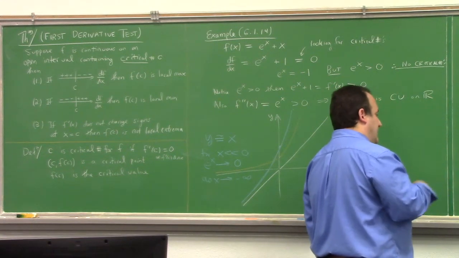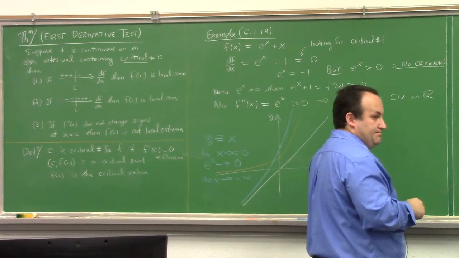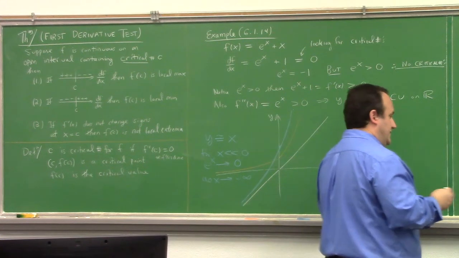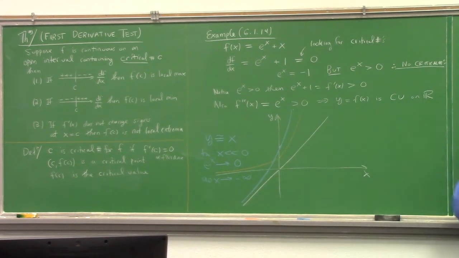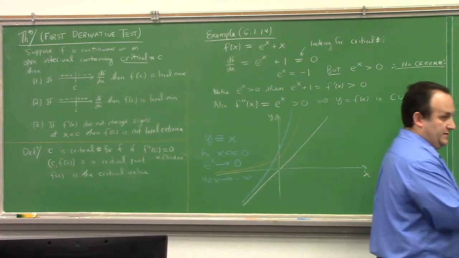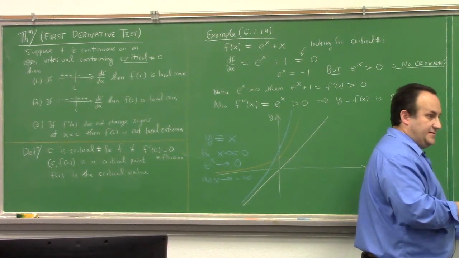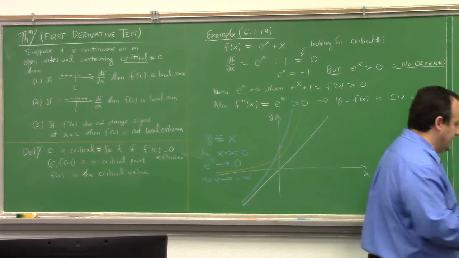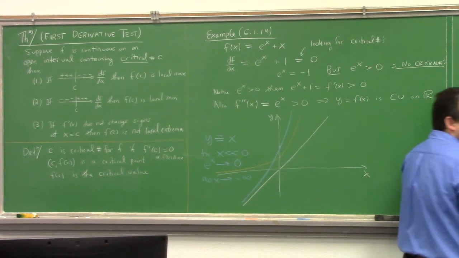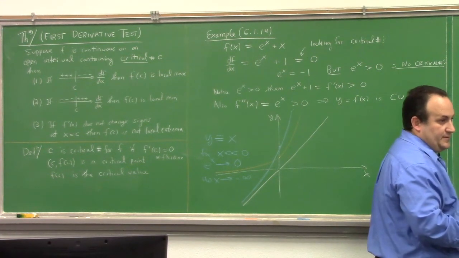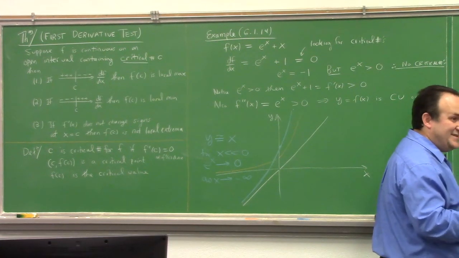So we would not say that that's a local minimum. f of 1 is not a local min, so this is false. Because if you take values near 1, f of 1 is not the smallest value. In fact, the smallest value doesn't exist, because you'd like it to be minus 1, but that's not available. The local minimum here doesn't actually even exist.